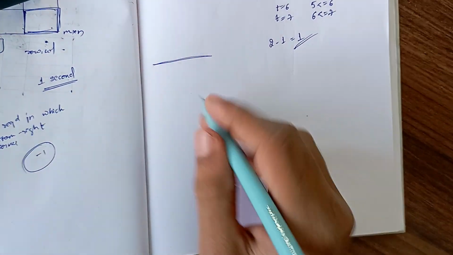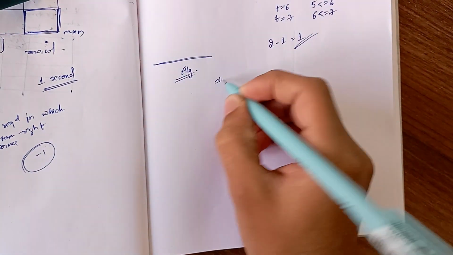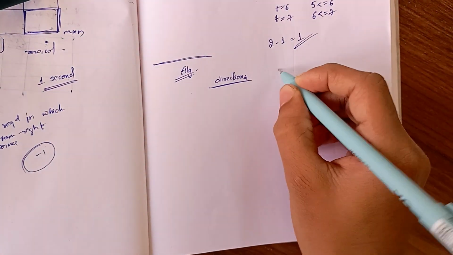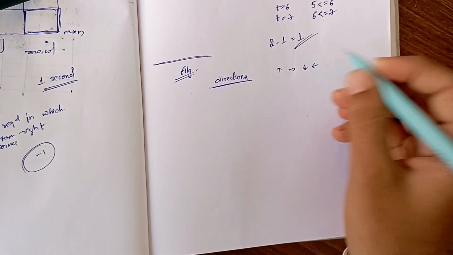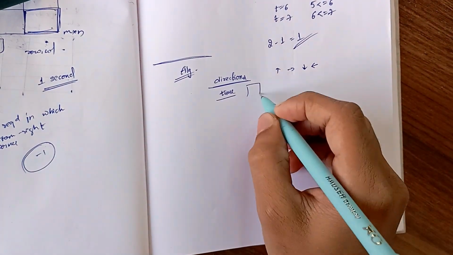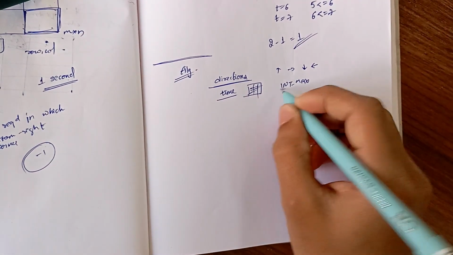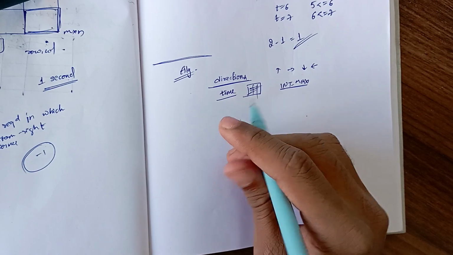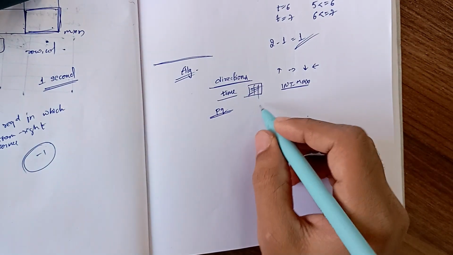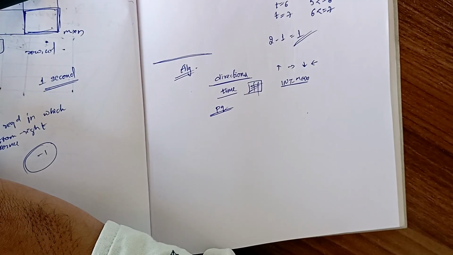Now let us understand how the algorithm goes. Firstly, we'll be initializing our directions top, right, bottom, left, and we will be initializing a time matrix with int max for every cell. And now we are taking a priority queue instead of a deque or a queue.